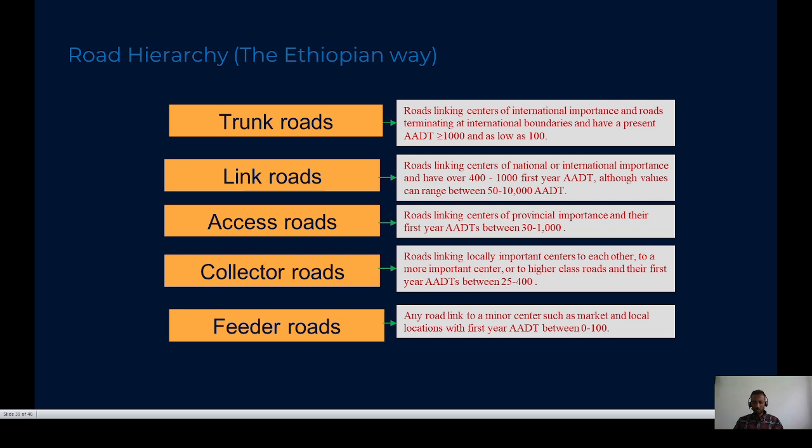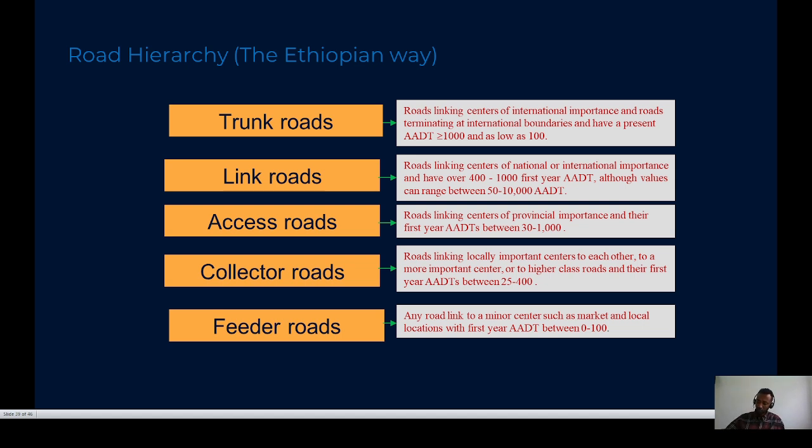Link roads link centers of national or international importance with towns. For example, Addis Ababa to Djibouti, Addis Ababa to Mekelle, Addis Ababa to Dire Dawa, Addis Ababa to Bahir Dar. This one is a link road.